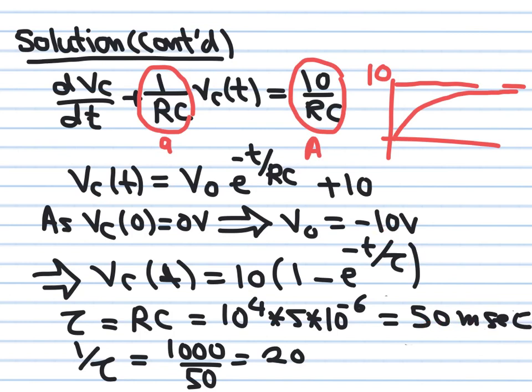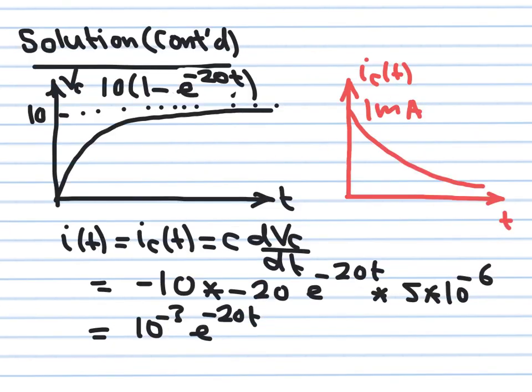So 1 over 50 milliseconds, 1000 over 50, will give us 20. So 1 over tau is equal to 20. So this term here is really e to the minus 20t. So the expression for the voltage is VC of t is equal to 10 multiplying 1 minus e to the minus 20t. It starts at 0 and then it approaches 10 at infinity.